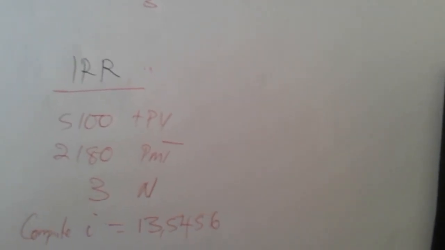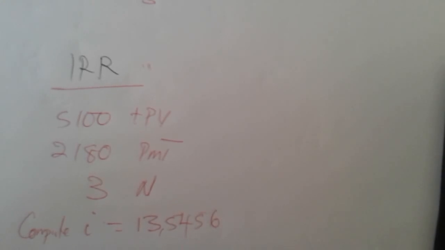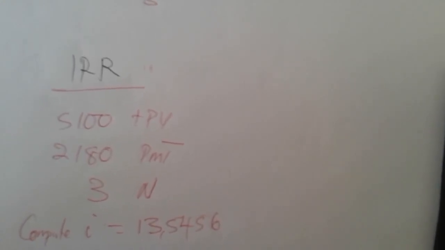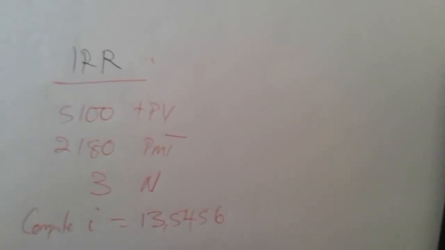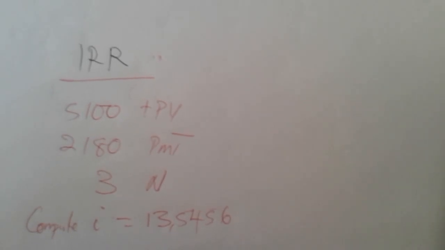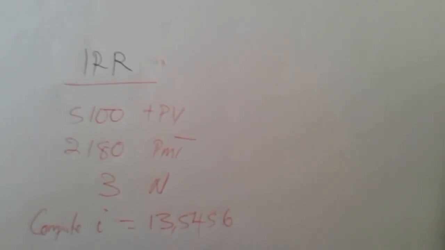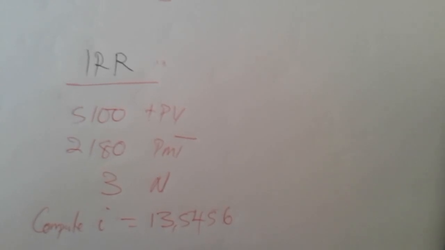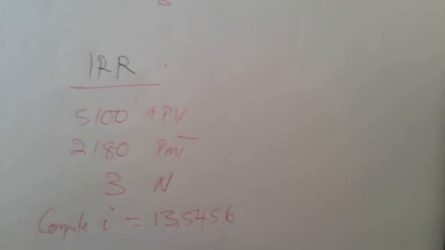It's saying calculating. Clear memory? Okay, 5,100 plus minus PV, 2180, which is our payments, 3, which is the number, then compute I, right? What do you get? It's 31.45.